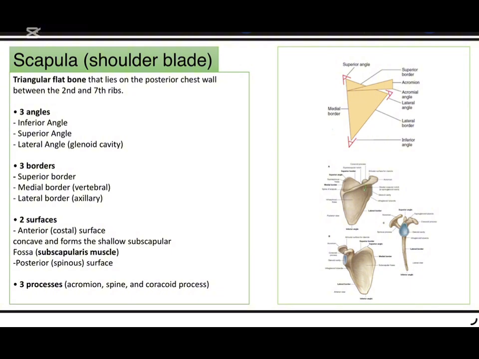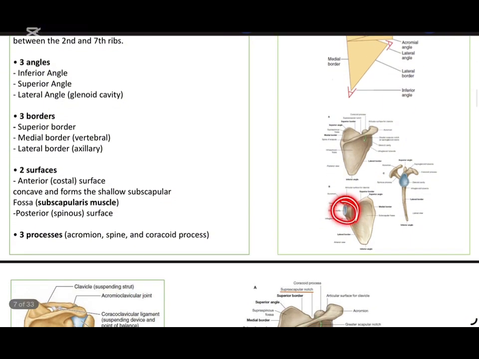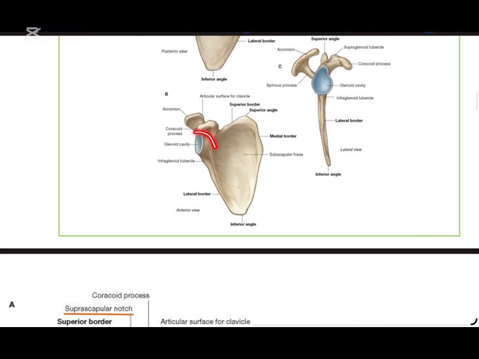Okay? And here, this is the lateral angle, we call it the glenoid cavity. This is where it articulates with the head of the humerus to form the shoulder joint, okay? On the top of this cavity, I have what is called the supraglenoid tubercle.